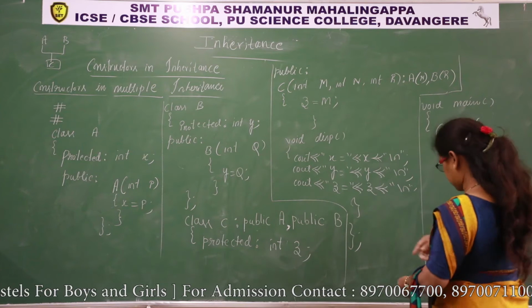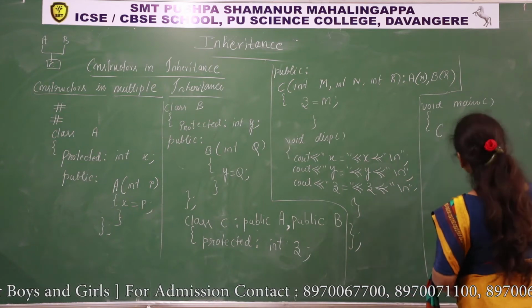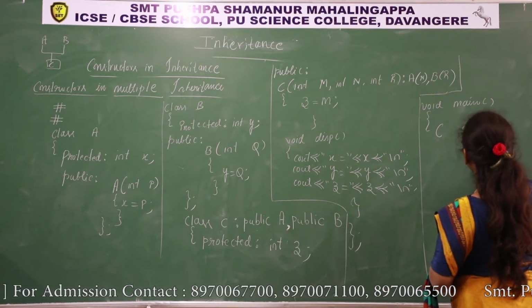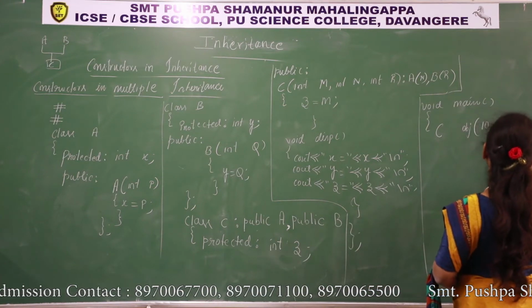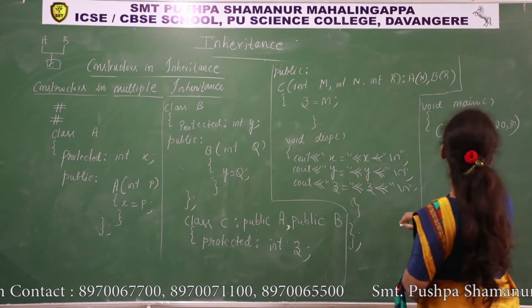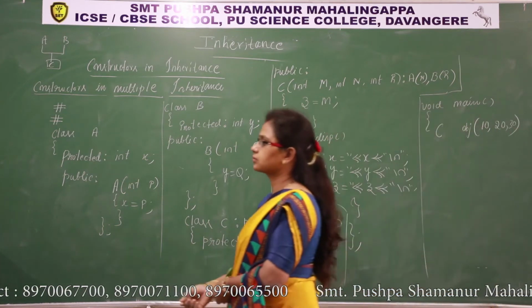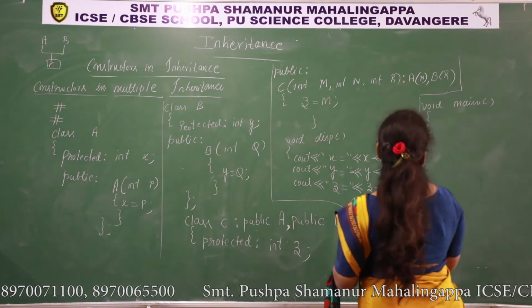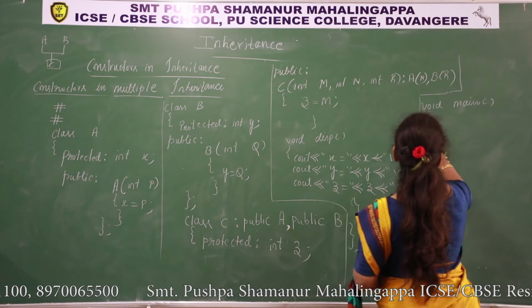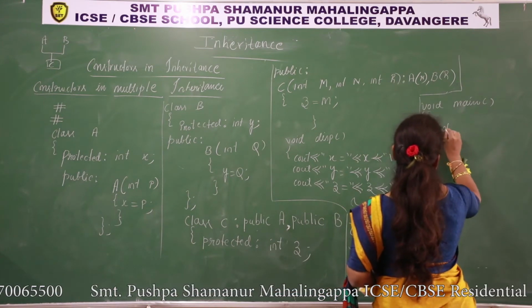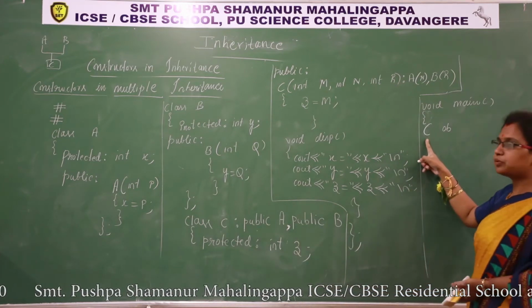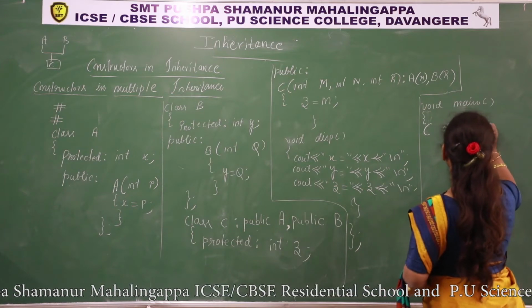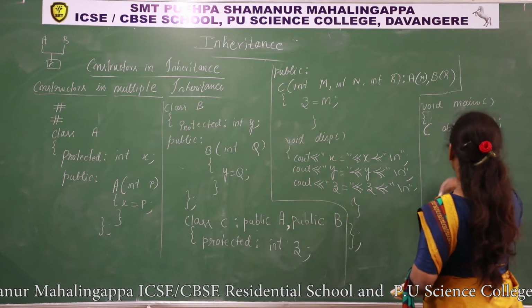Three parameters: 10, 20 and 30. After writing the class name, you have to leave a space here. Obj(10, 20, 30); semicolon.